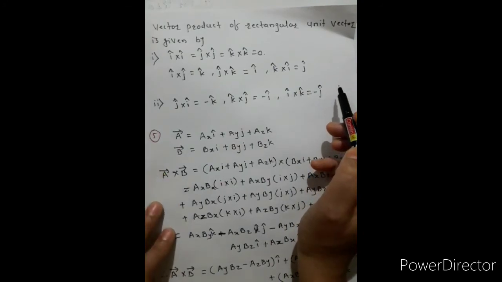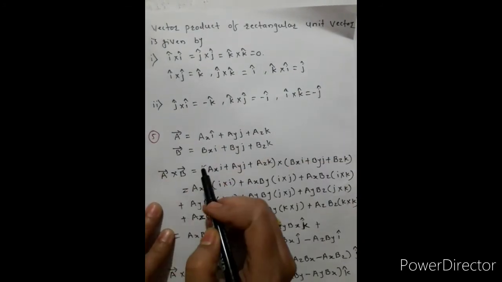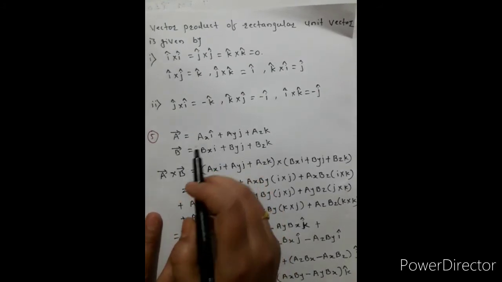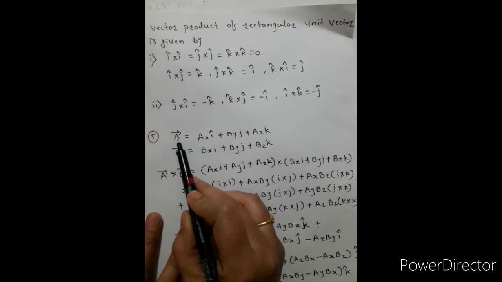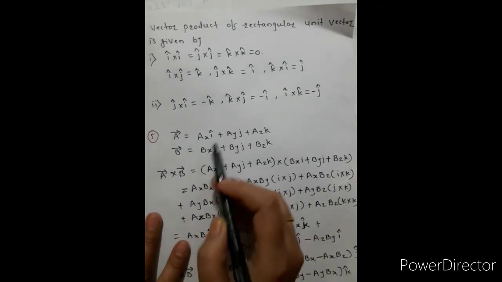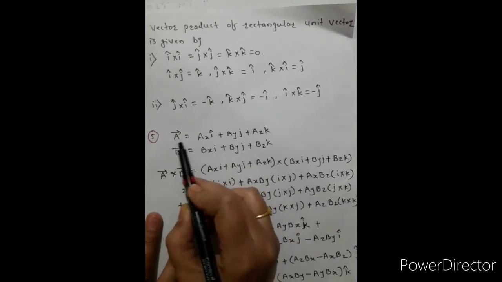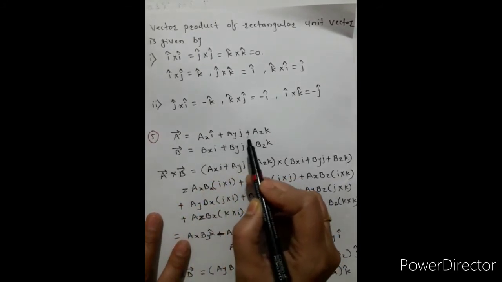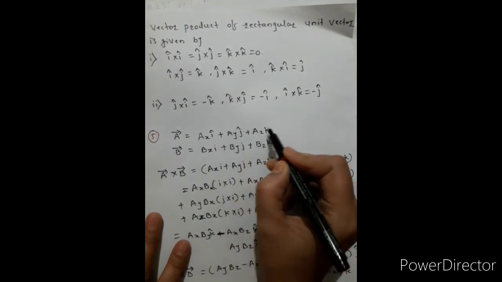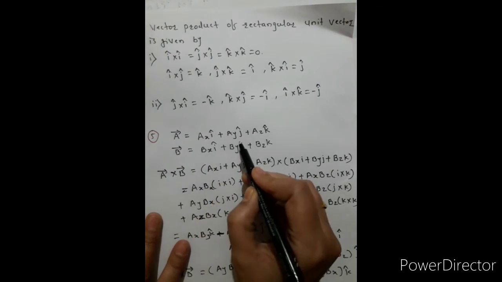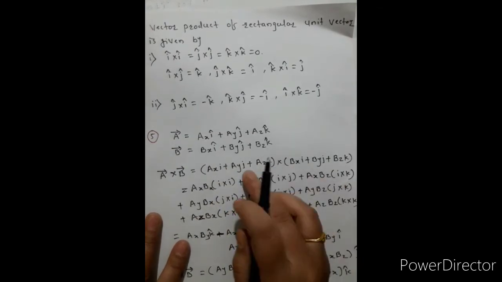Now the fifth property is what? Let the two vectors A and B be represented in magnitude and direction, that is vector A is equal to ax I plus ay j plus az k cap, and B is equal to bx I cap plus by j cap plus bz k cap.